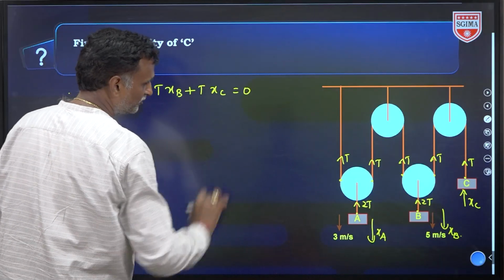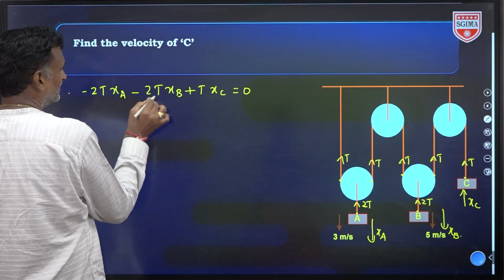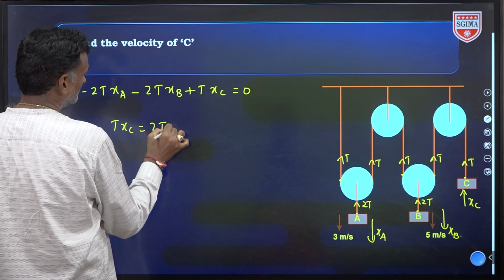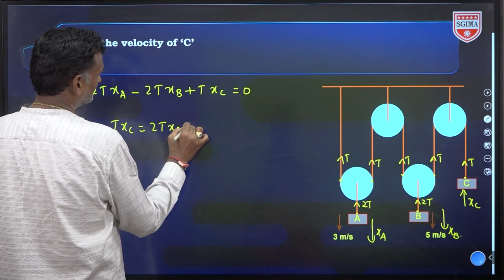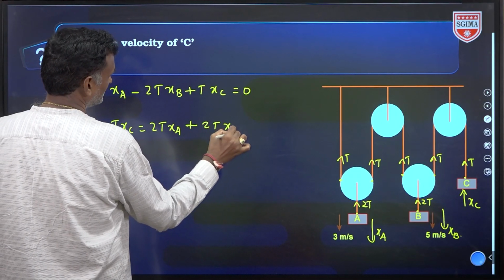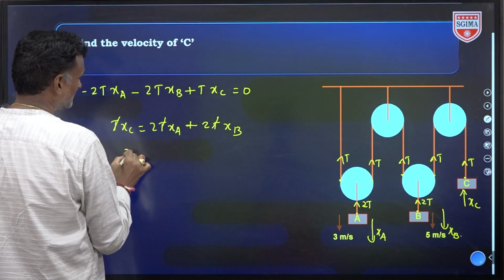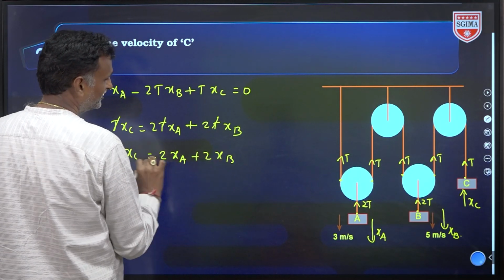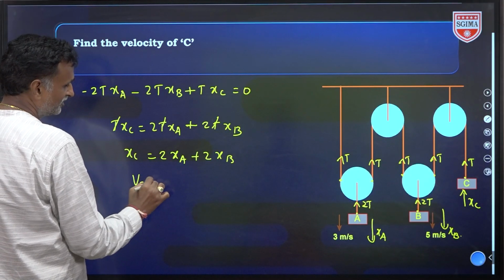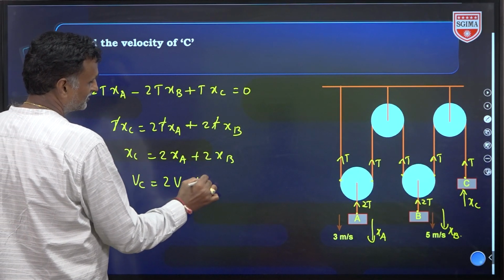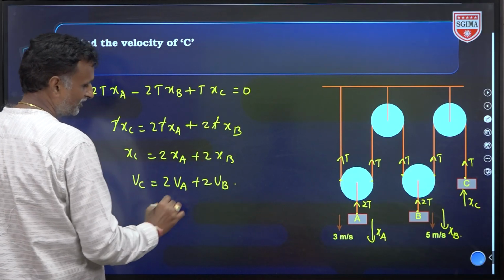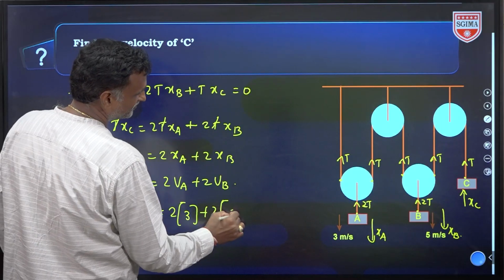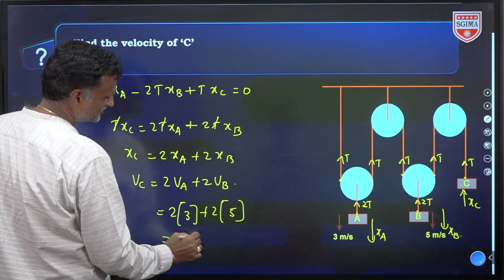Then total work done equal to 0. So simply the minus terms should be taken to the right side: T XC equal to 2T XA plus 2T XB. T cancels, XC equal to 2XA plus 2XB. Differentiating with respect to time, VC equal to 2VA plus 2VB. 2 times VA is 3 plus 2 times VB is 5, so 2 times 3 is 6, plus 10.